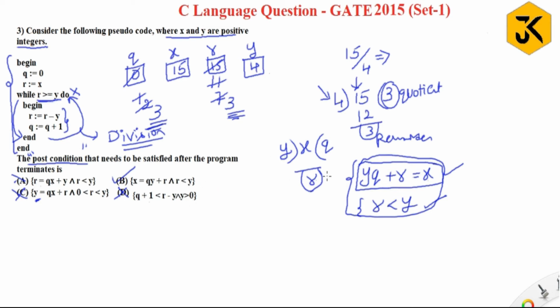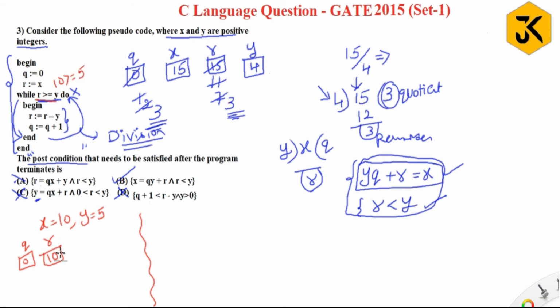Or if you are getting confused here, let's take one more form, an easy way, the substitution method. Let's take x equal to 10, y equal to 5. Substitute here, q value is 0, then r value is 10. Now r greater than or equal to y, 10 greater than or equal to 5, the condition is true.